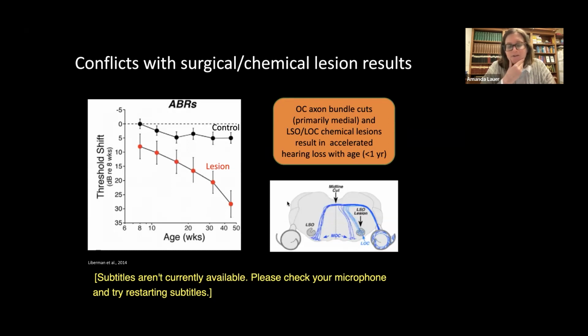We also started noticing other effects coming out of the literature, such as a study from Charlie Liberman showing that if you did a lesion of the olivocochlear neurons, either a surgical cut to the olivocochlear bundle for the medial efferents, or a neurotoxic lesion to kill the lateral efferents, these animals actually did show accelerated age-related hearing loss just when sitting around in their housing environment.